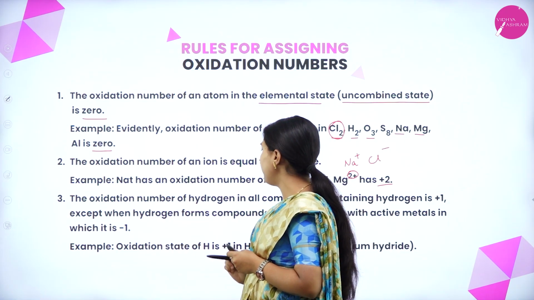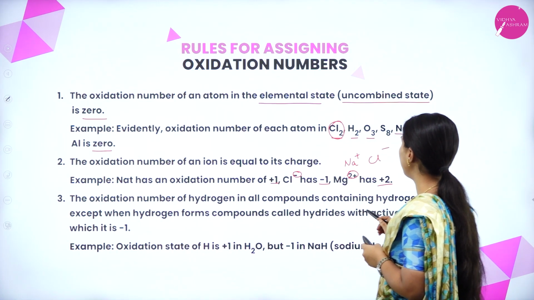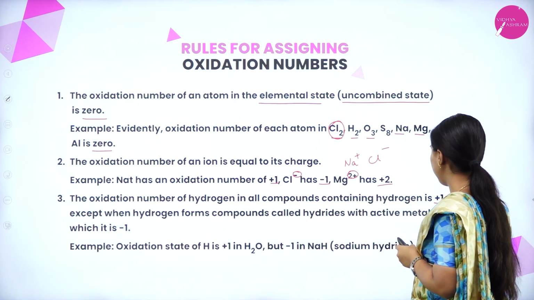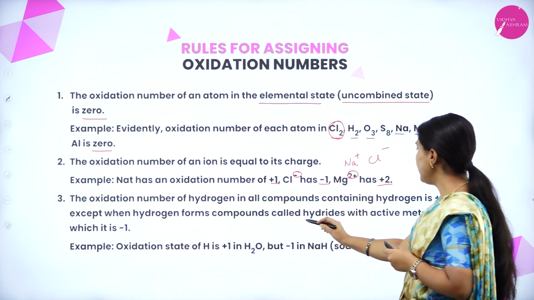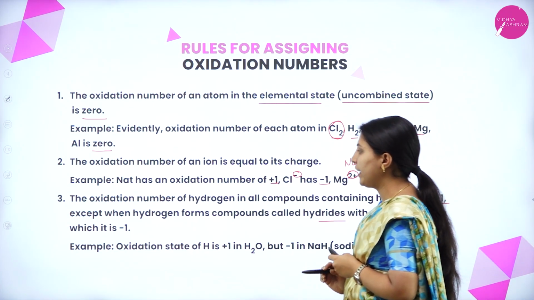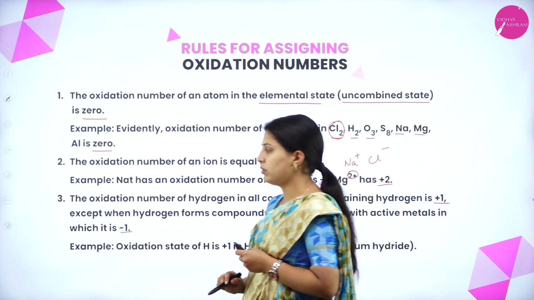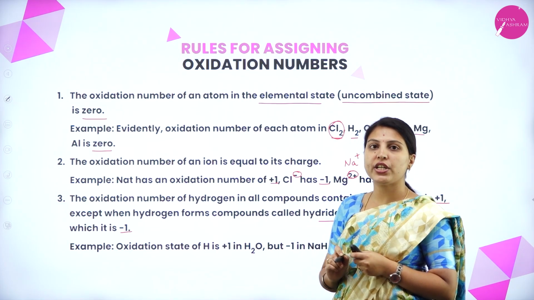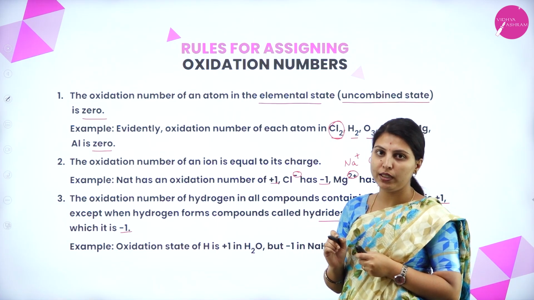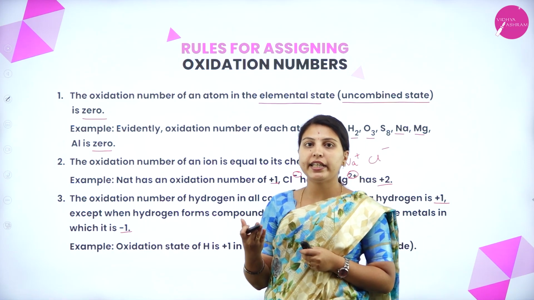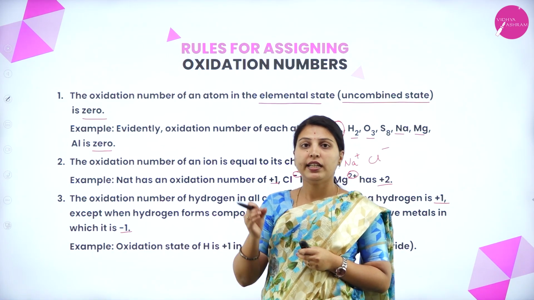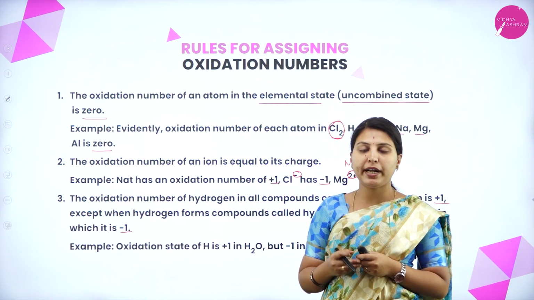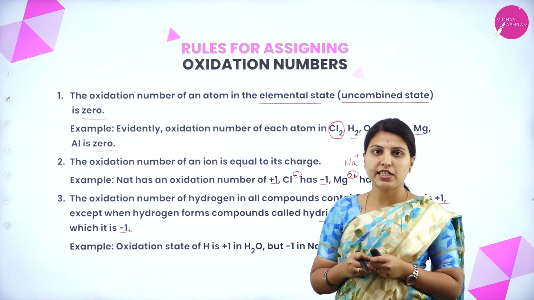Next, the oxidation number of hydrogen in all compounds containing hydrogen is +1, except when hydrogen forms compounds called hydrides with active metals, in which it is -1. Usually the oxidation number of hydrogen will be +1, but whenever it reacts with metals like sodium, potassium, calcium, it will form hydrides like sodium hydride, potassium hydride or calcium hydride.